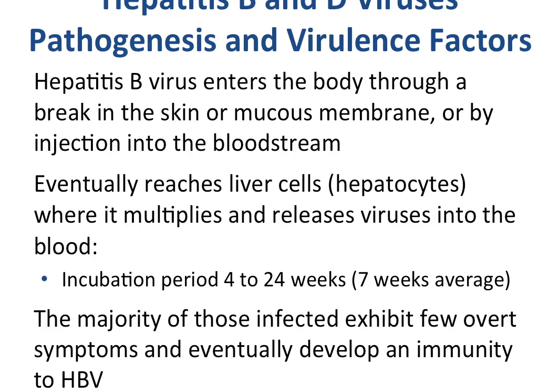Once HBV invades the liver cells, it grows in the cells, causes the cells to die, and then releases more virus into the blood. The incubation period is 2 to 24 weeks.